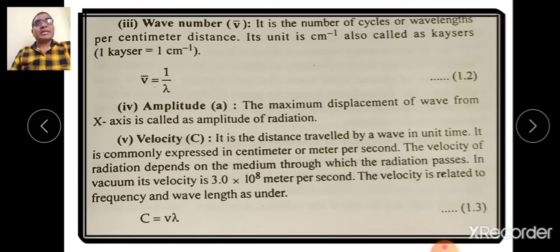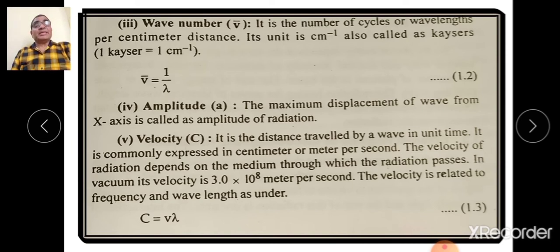The next parameter is wave number denoted by nu bar. It is the number of cycles or wavelengths per centimeter distance. Its unit is per centimeter. The wave number is related to wavelength by the relation nu bar equals 1 by lambda. The next parameter is amplitude, denoted by small letter a. The amplitude is the maximum displacement of the wave from the line of propagation, that is the x-axis.